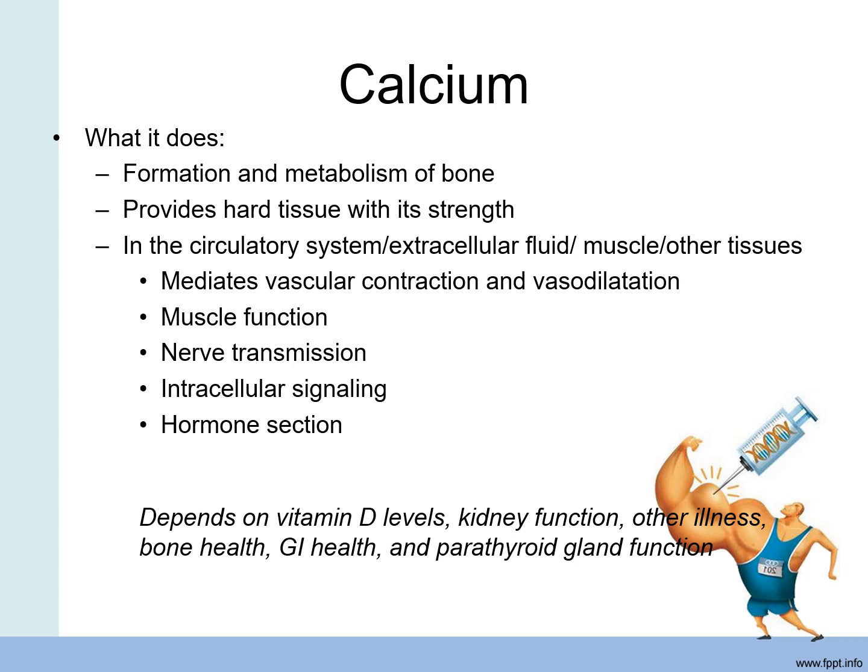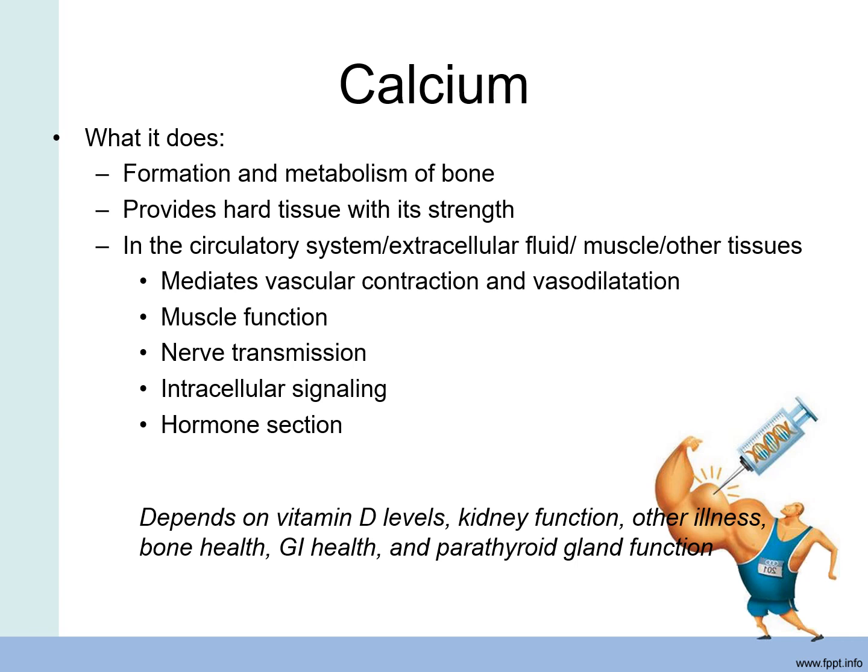If you don't remember that, it might be good just to review that in your text. Calcium also provides hard tissue with its strength. And in the circulatory system, extracellular fluid, muscle, and other tissues, it helps to mediate vascular contraction and vasodilatation, muscle functioning, nerve transmission, intracellular signaling, and hormone secretion.